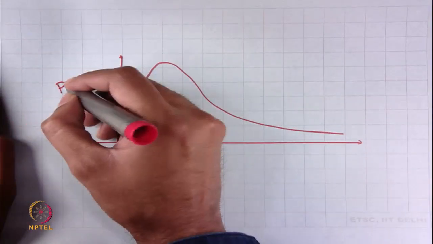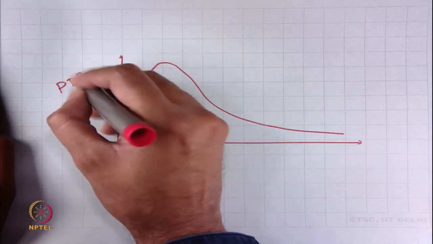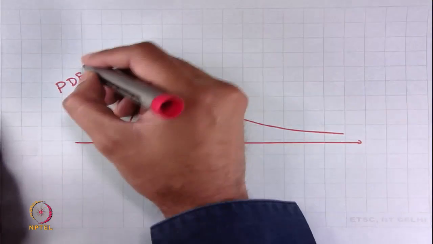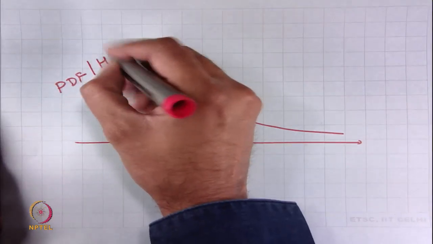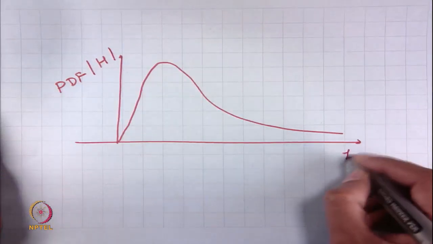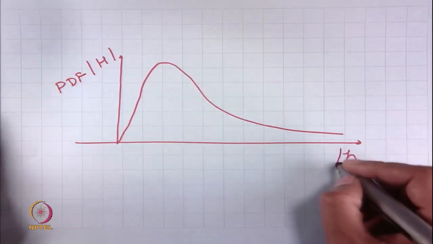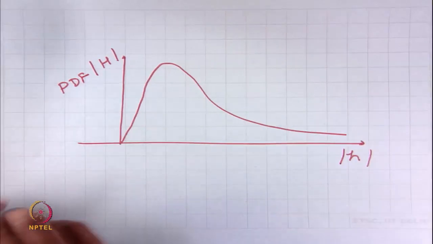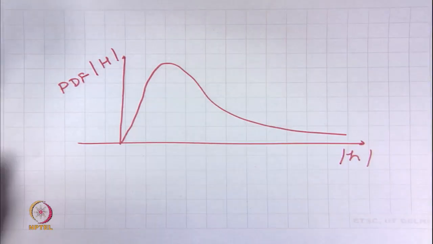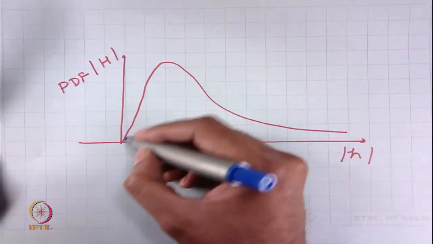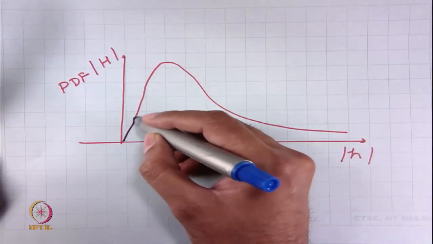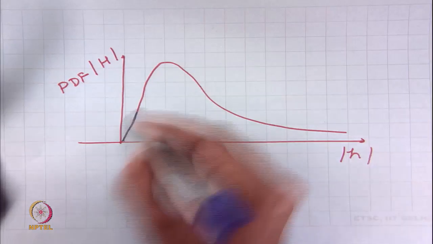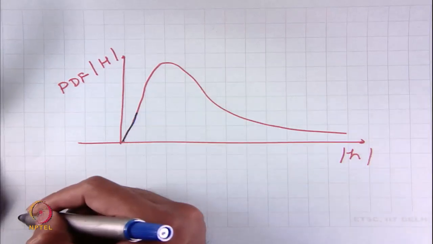So, we have on this axis the probability density function of, let us say, mod of h. On this axis we have the numerical value of mod of h. Now, what you can notice here is that there is a very significant probability of mod of h taking very small values.